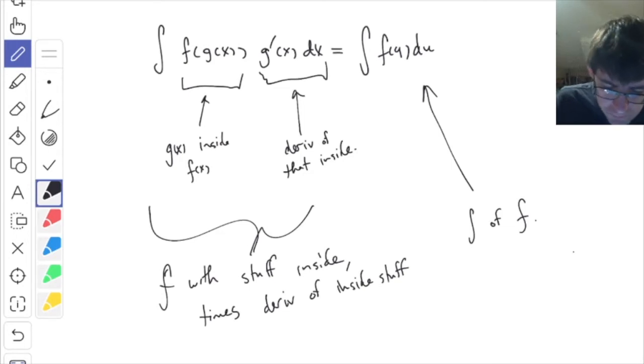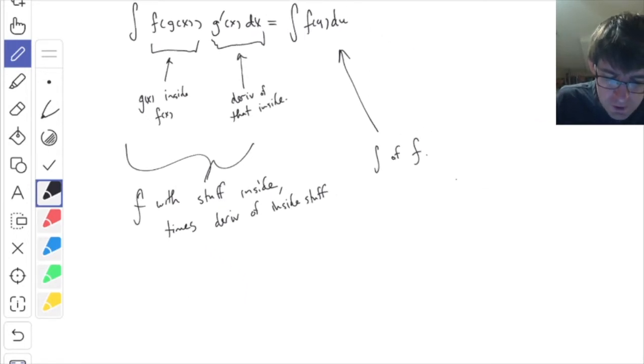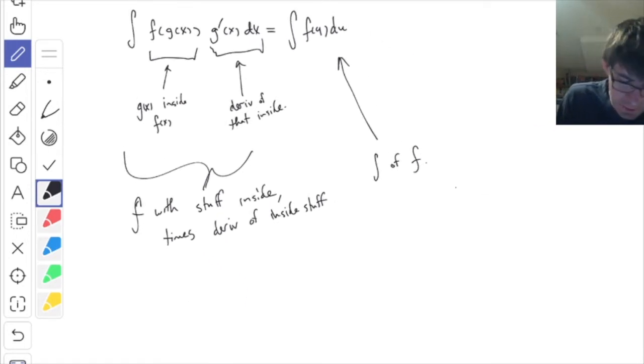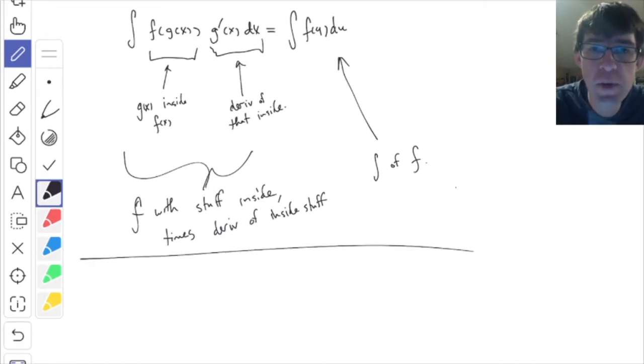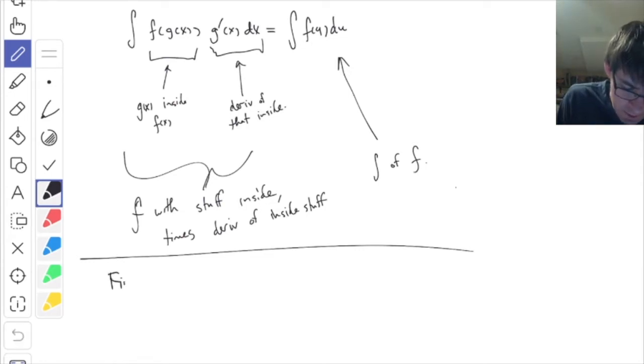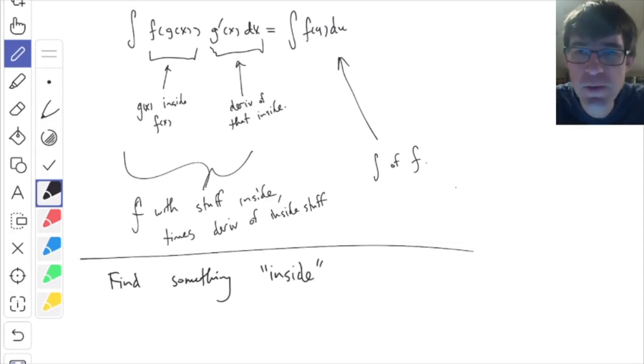So as a kind of procedure, how do we actually do this? You have to look at your integral and identify something on the inside of something else. Now there's no hard and fast rule for this. You have to sort of get a feel for it, and sometimes you have to improvise a little bit.